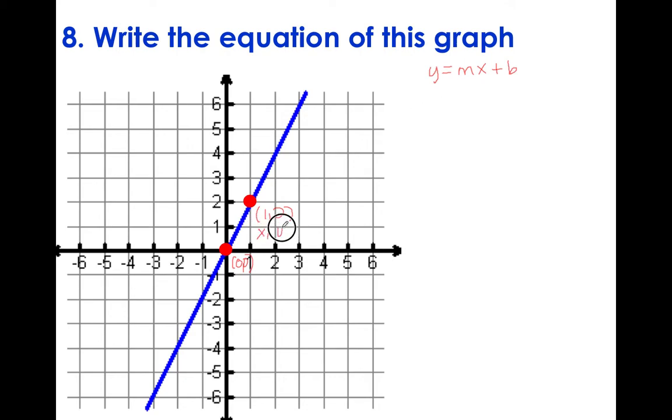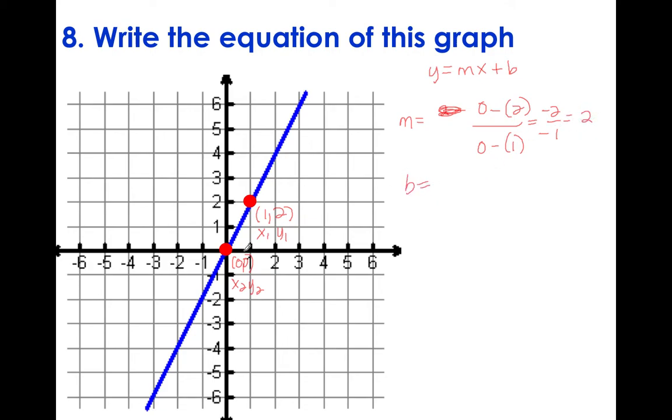Label it x1, y1, and x2, y2. So when I'm finding the slope, I get y2, which is 2, minus 0, over 1 minus 0 in the x's. That gives me negative 2 over negative 1, which is 2.